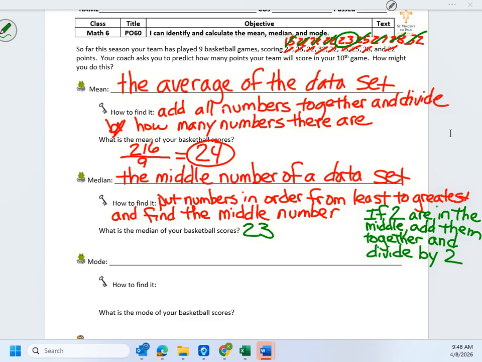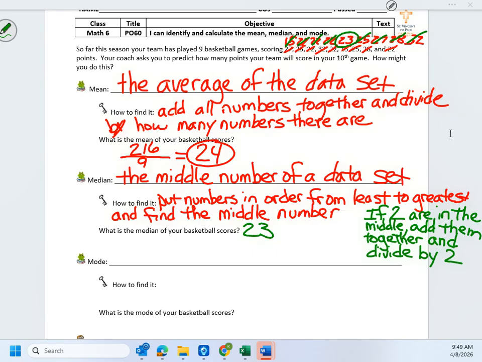Always, always, always. One mean, one median. You cannot have two numbers in the middle. You have to find the average, the mean of those two numbers. You add the two numbers together, you divide it by 2. That is your median number. There can only be one. I always have friends that will list both of those middle numbers. Cannot have two, only one.